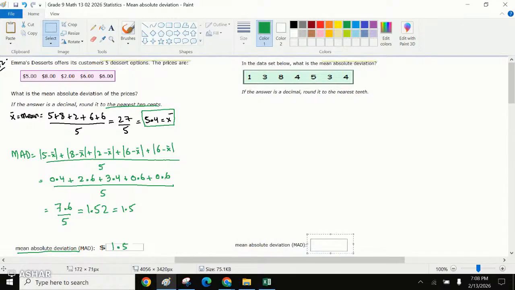Okay, so for question number 3, we give the answers in decimal to the nearest tenth if it's in decimal.